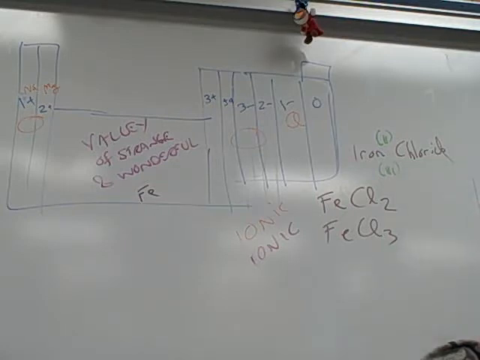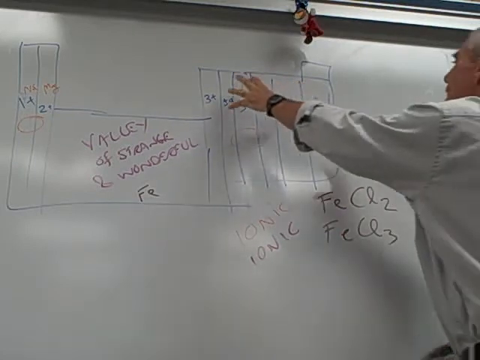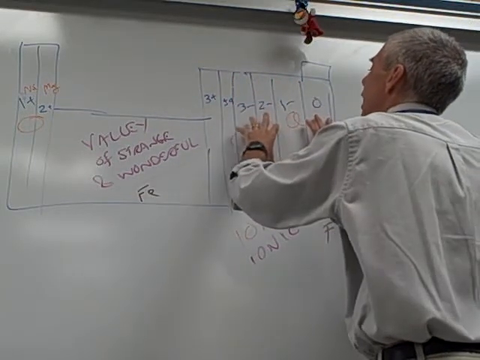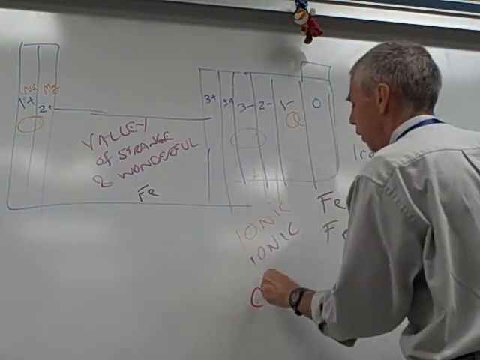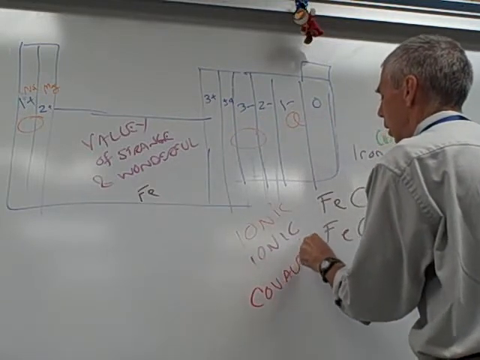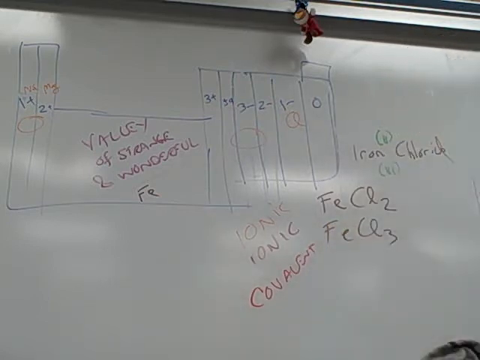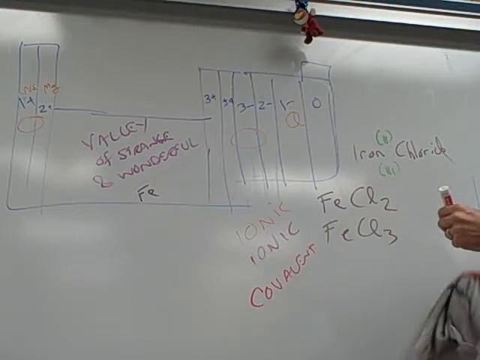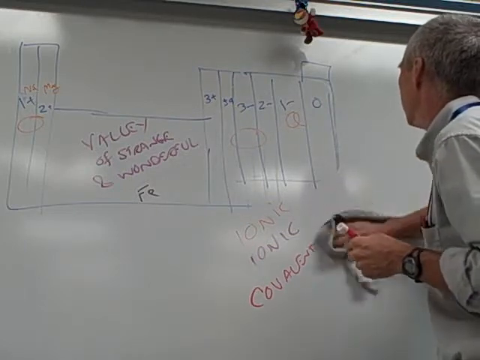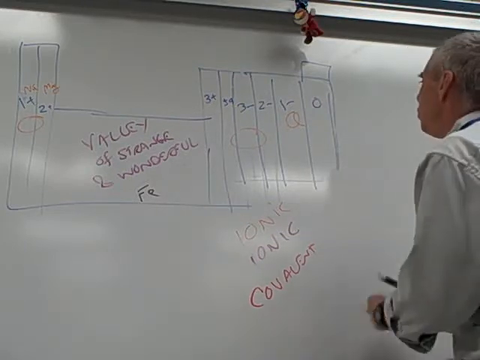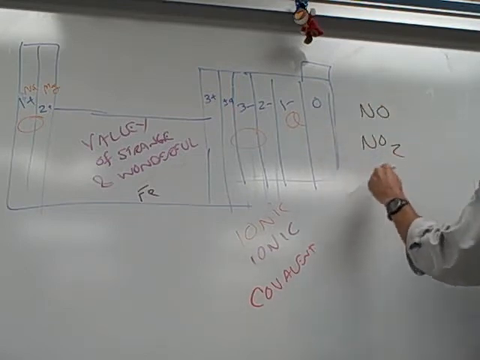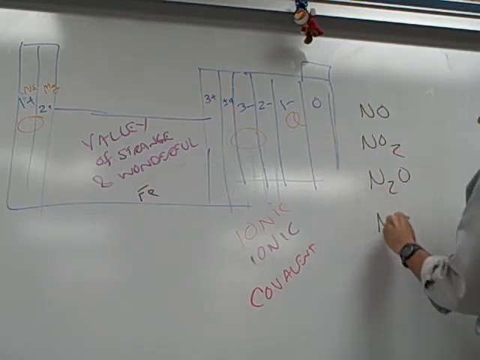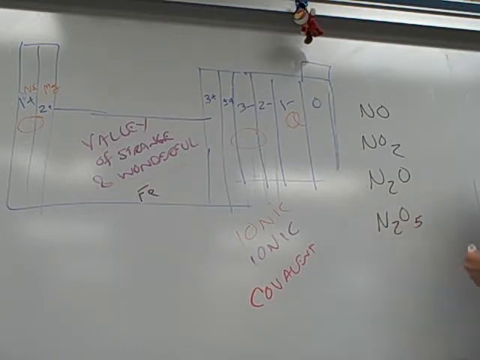The third bit is when two things in this tower combine with each other. In other words, we make some form of covalent bond. Now, different naming system. If we hook two nonmetals over here, for instance, we make NO, NO2, N2O, N2O5. They all exist.